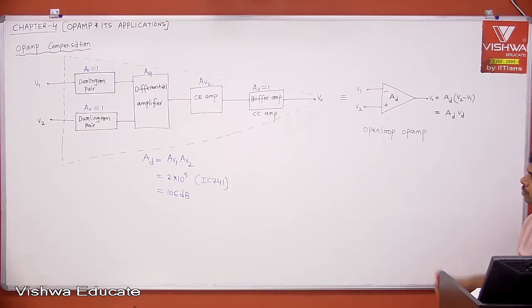Then before going to the closed loop system, I'll explain something called Miller's theorem that is required for us to get it. Therefore, let us apply Miller's theorem. Actually, I don't want to rub it because I'm going to come back to this, because we are going to do something that is nothing but op-amp compensation to get stability from a closed loop system if you use op-amp as an open loop system.